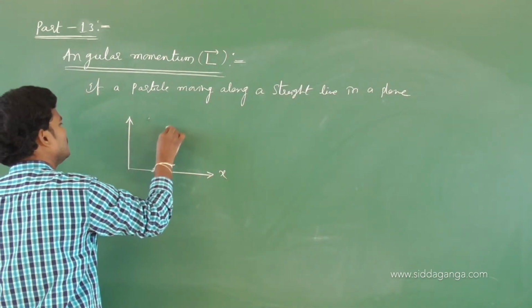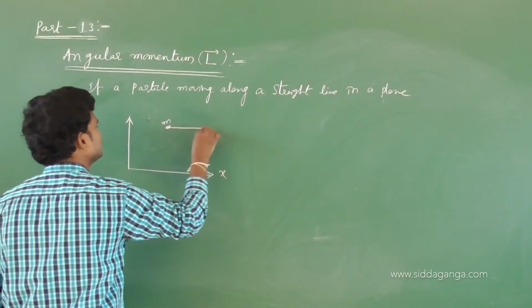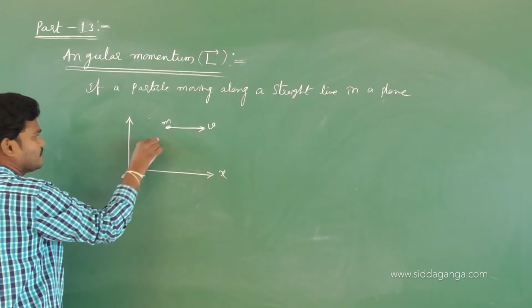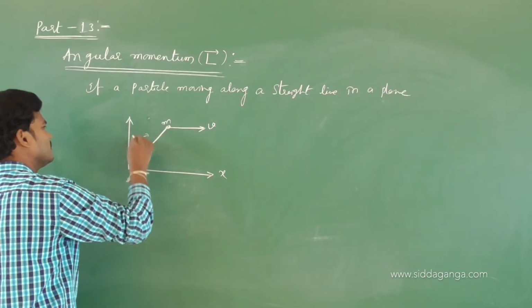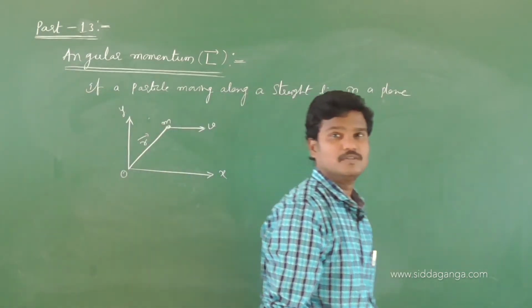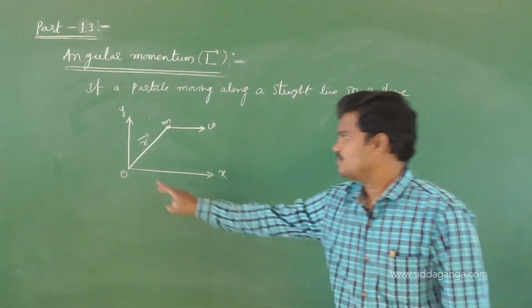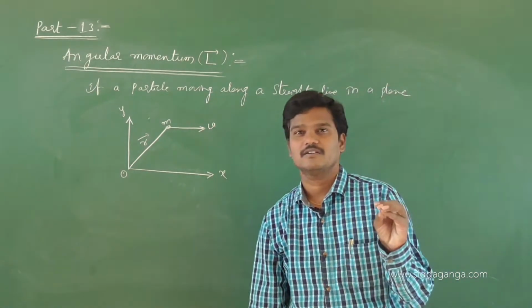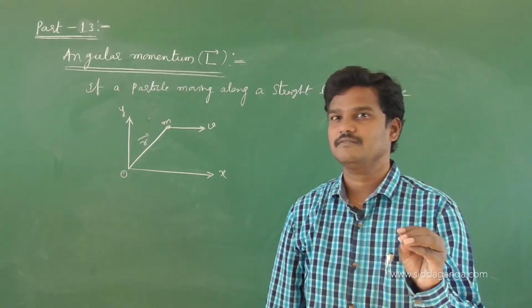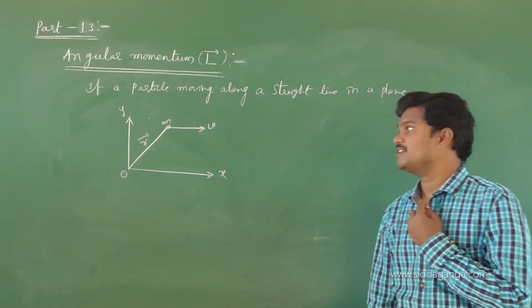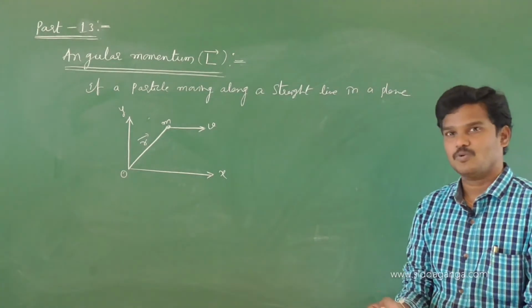The particle has mass m, moving with a speed v, and this is the position vector. Now the target is to find the angular momentum about this point O. Earlier, in the last topic, we calculated torque about O. Now I am going to calculate angular momentum about the point O.